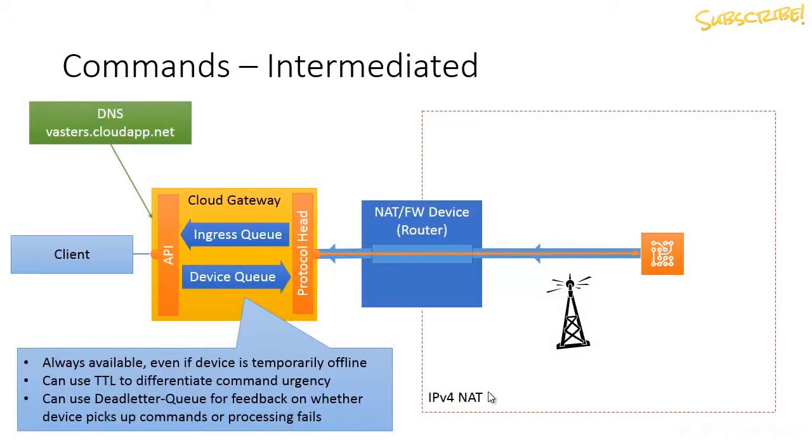And you can define the urgency of the commands by using the TTL that you use for that queue. So if you have a command that needs to be executed right now, like you want to open up a car, well, you stand right next to the car, you walk towards that car, you probably want to have that command happen in 5 seconds or never, because you certainly don't want to have that car open randomly in 2 days.